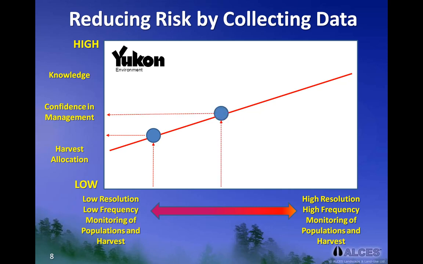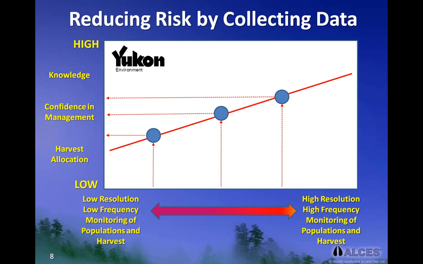By increasing the frequency and resolution of the population and harvest monitoring, we can start to increase our knowledge, confidence, and harvest allocation. We can improve our knowledge, confidence, and allowable harvest allocation further if we increase our monitoring resolution and frequency further, for example, every 3 years.